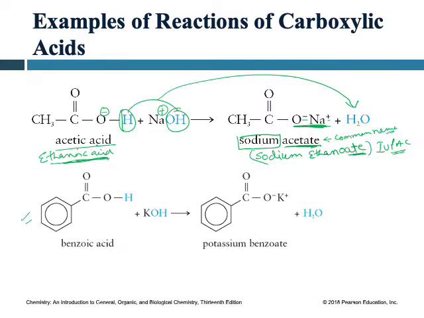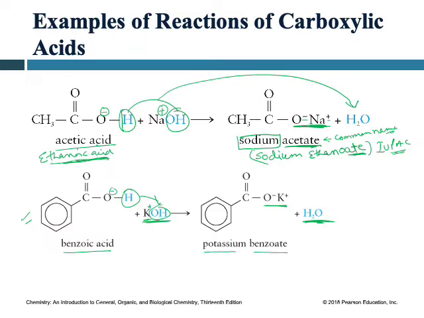We know this is benzoic acid reacting with potassium hydroxide. This H and this OH are going to combine together and form water, and then this K is also a metal, and this is a positive charge, and this is going to be a negative charge after it lost its proton. They're going to come close together because of ionic interaction, and they form potassium benzoate.